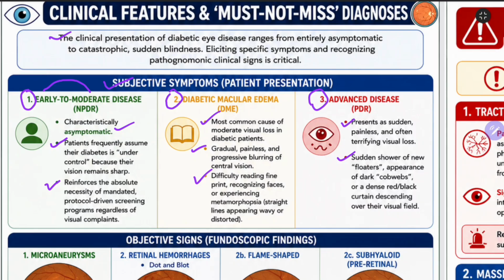In diabetic macular edema, the most common cause of moderate impairment of vision in diabetic patients, they will have decreased visual acuity, they will not be able to identify faces and thin things, and they will see distorted images. In PDR, they will develop sudden, painless loss of vision, whereas in DME they will have gradual, progressive, painless blurring of vision, not loss of vision.